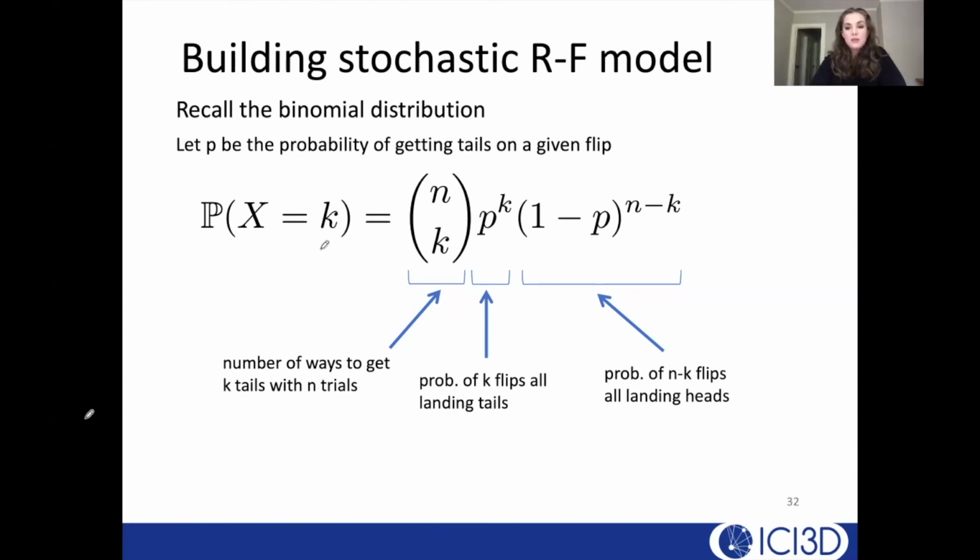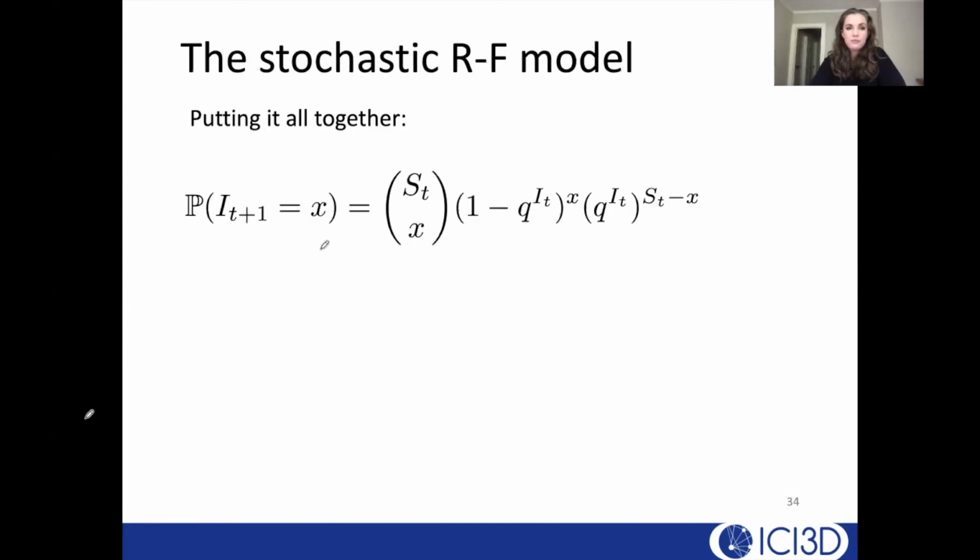But we can also think about this as an infection model. So instead of letting p be the probability of getting tails on a given flip, let's think of p as the probability of a susceptible individual getting infected. So now we have the same binomial expression, but with different components.